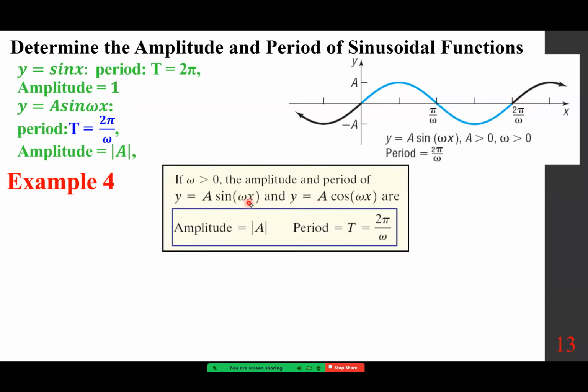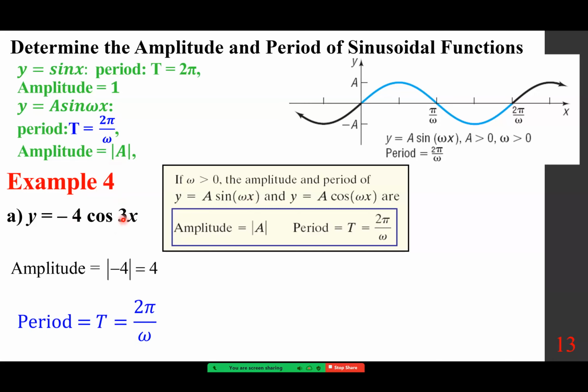whatever the coefficient of x is. So for example, for this function, y equals minus 4 cosine of 3x, the amplitude is the absolute value of this number, which makes it 4. For the period, we want 2 pi divided by 3. So 2 pi divided by omega. Omega happened to be 3. So divide by 3, and that's our period.